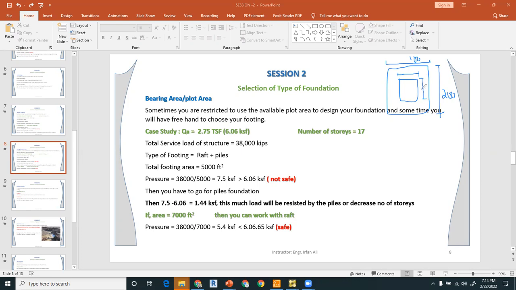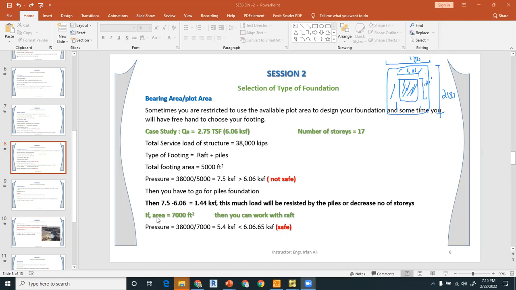And for example, this is 50 feet, and the other one is, for example, 100 feet, right? And you have done your calculation on the basis of this, but the outer portion area is also the plot of the client, and you can consume these areas in your raft. So in this way, you have to increase the area, so you don't have to go towards the piles.